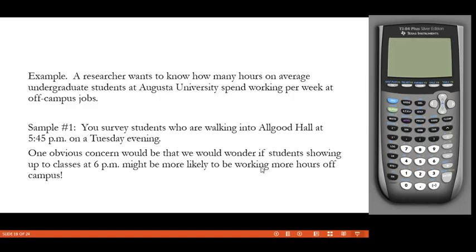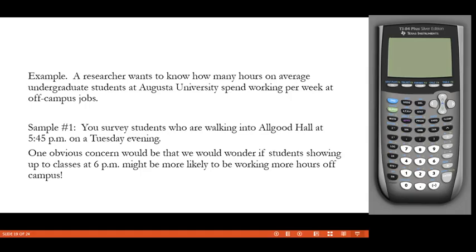And after thinking about it, I hope that you would identify one pretty big concern in this particular sample. The concern that occurs to me is if students are coming in at 5:45 on a weeknight, there is a pretty good likelihood that they are taking classes in the evening, and you would have to at least wonder if those students might actually be having a full-time job somewhere.